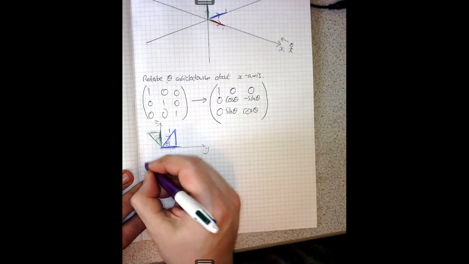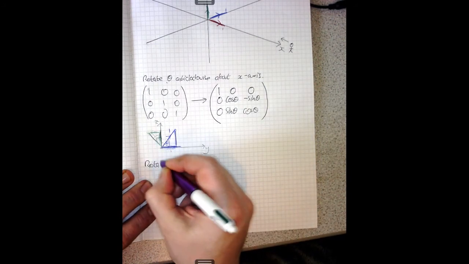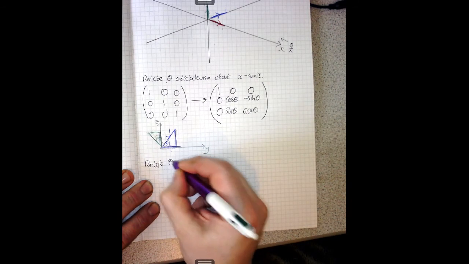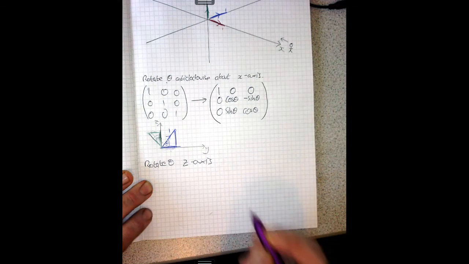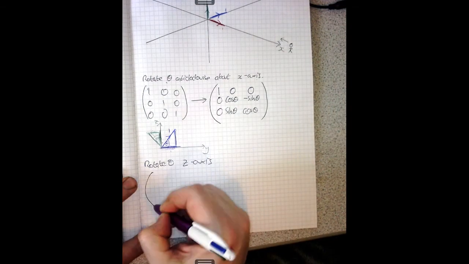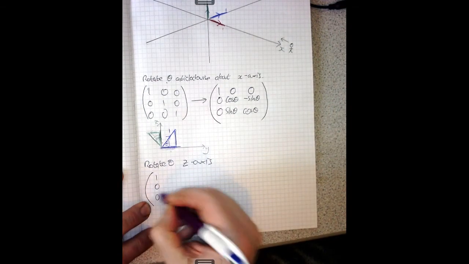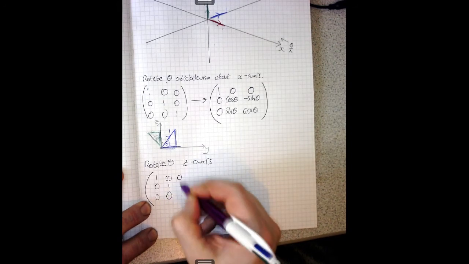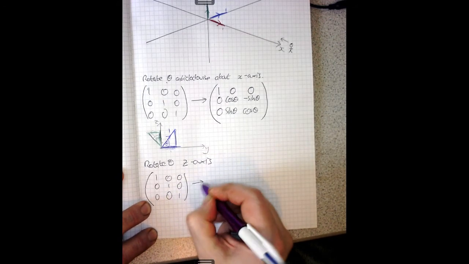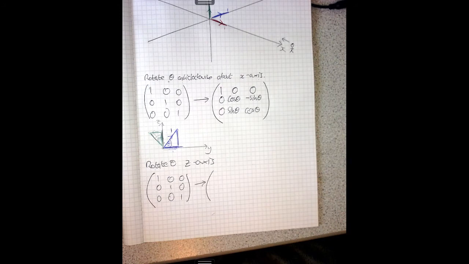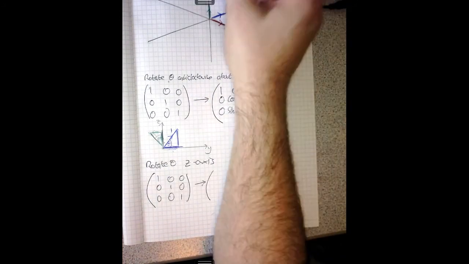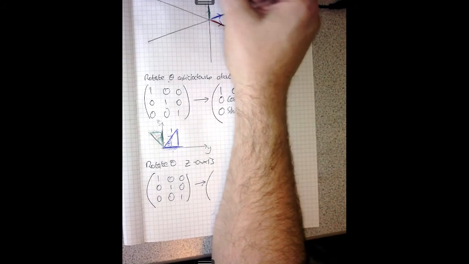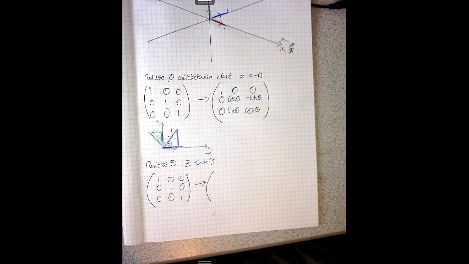X, y. Remember, the z vector isn't going to change. So 0, 0, 1. Also, the z components of my blue and red, they're not going to change because I'm just rotating in the xy plane around the z-axis. So the z components don't change. Let's think about what happens to my x vector. It rotates theta anti-clockwise.